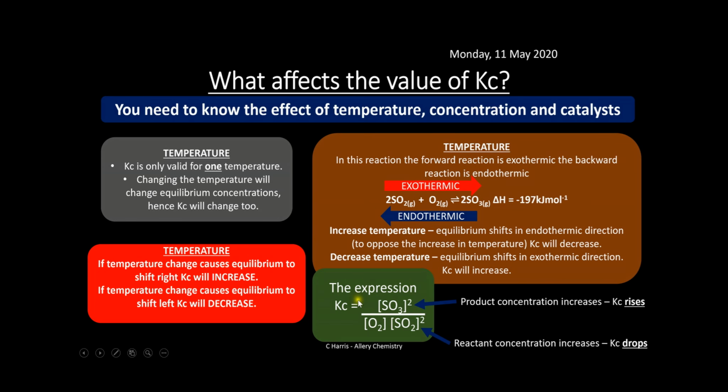These are our reactants. If equilibrium is shifting to increase the amount of these, then the value of Kc is going to decrease. And likewise, if equilibrium is going to shift to the right, increasing the amount of products, then Kc will increase. So exactly the same as Kp. There's nothing new there. All we're doing is swapping it for Kc instead. So that's nice and easy.